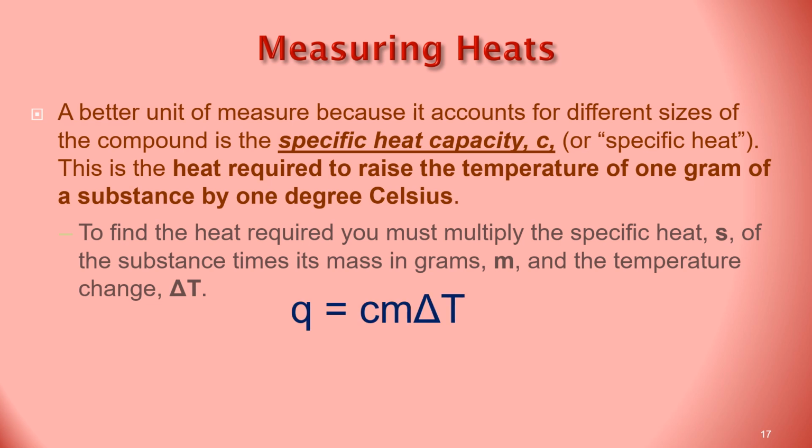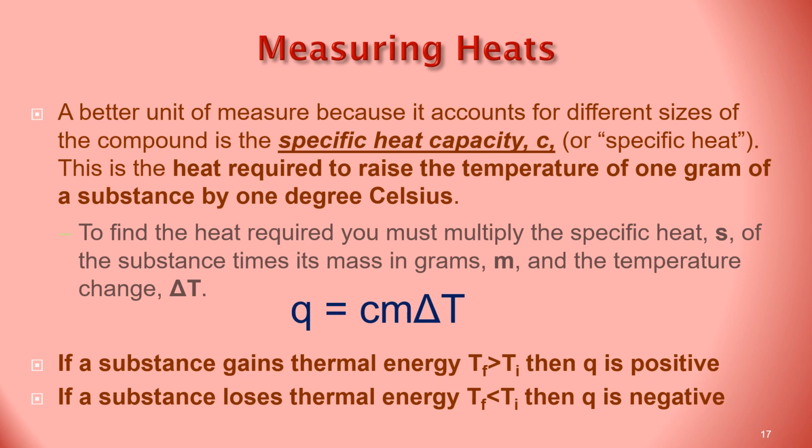So if you want to find the heat required, now you have to multiply specific heat by the mass and the temperature change. So heat is equal to c m delta T, where c is the specific heat capacity. So a lot of times it's called just specific heat.